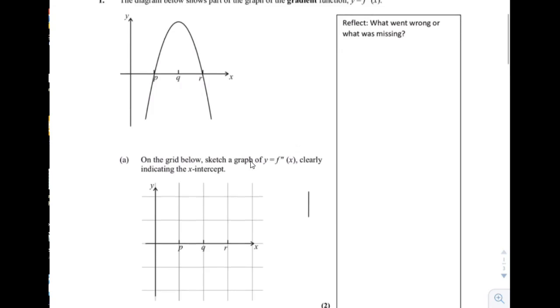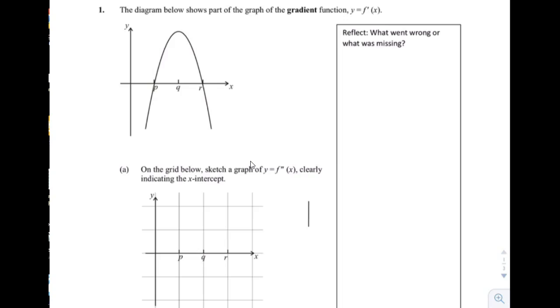This is a lot like the investigation that we did. So all we need to do is estimate the gradient at each point, and then we will graph it below. Because this is f dash, and what we're graphing here is f dash dash. So all we need to do is take the derivative of this, and then we're going to put it down here.